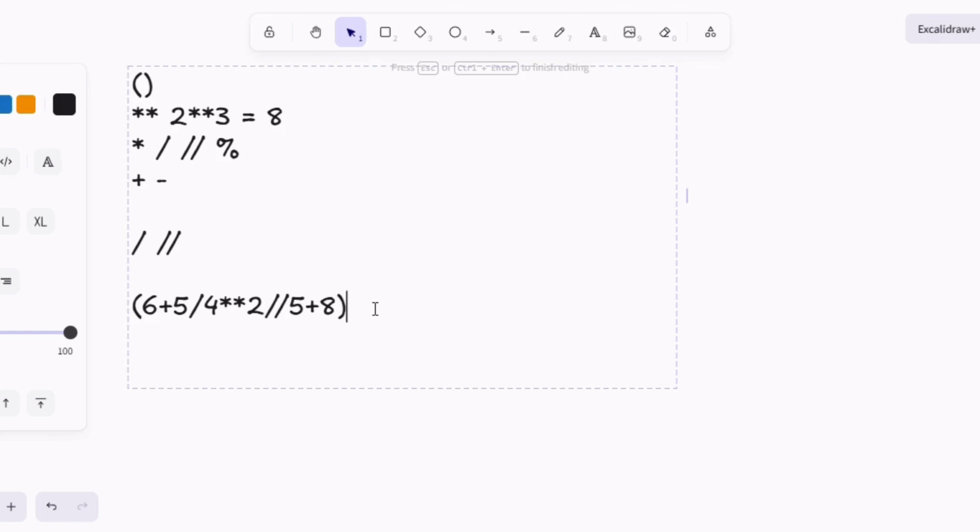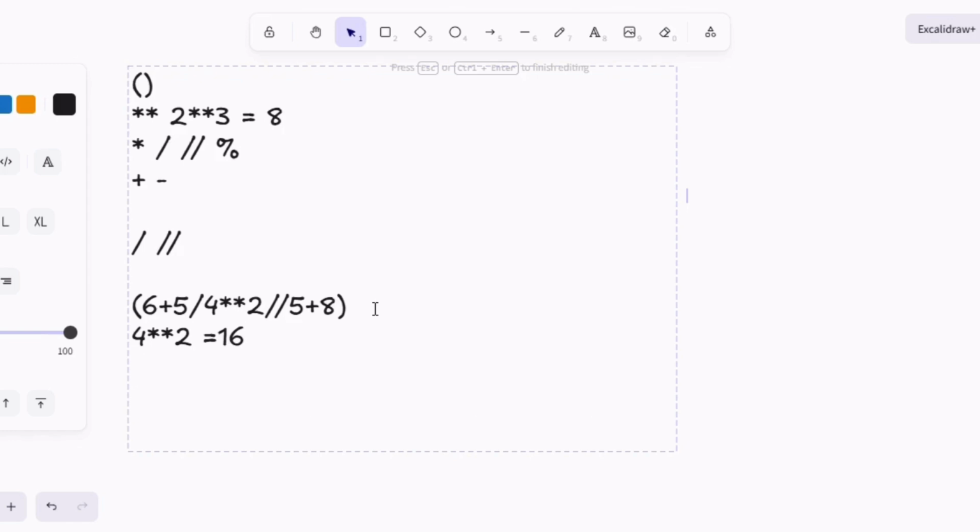So what I will do is, first I will solve the exponentiation part. So 4 multiplied by 4 will give me the value 16, right?